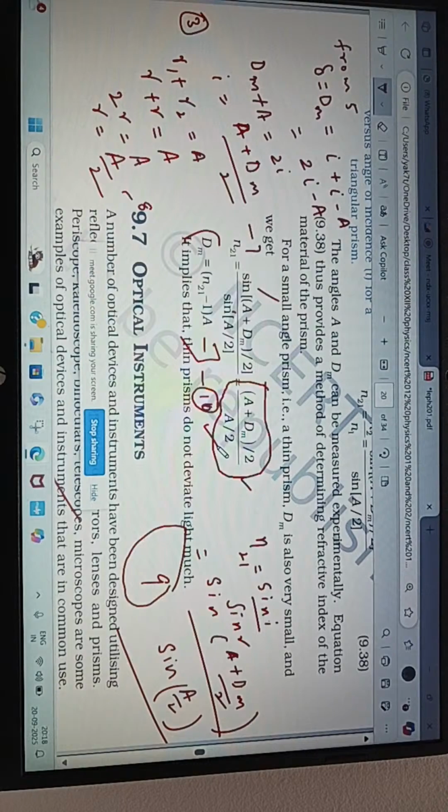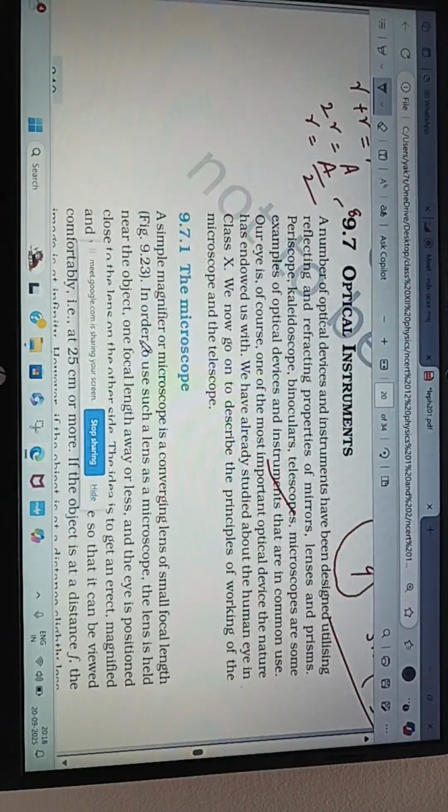Now optical instruments, shall I go? You know it, using these lenses we can construct devices to see small objects which cannot be seen directly by the naked eye. That we call a microscope. A microscope is a device used to see very small objects which cannot be seen directly.